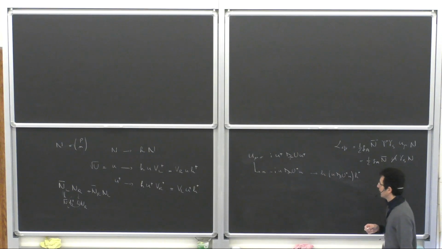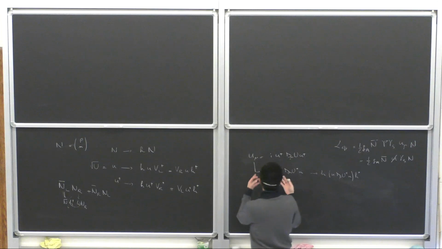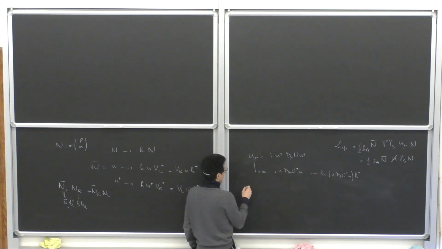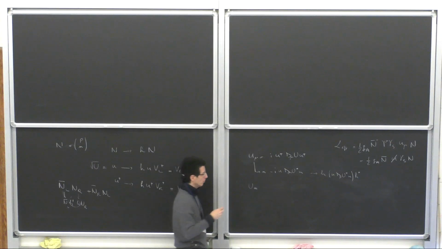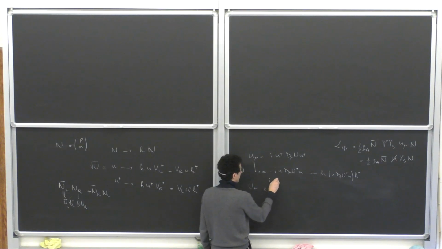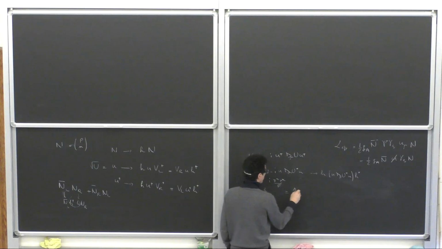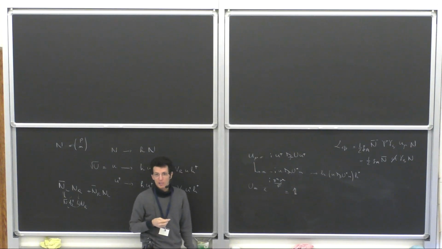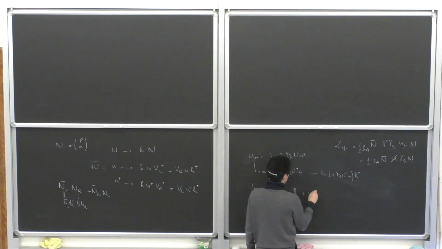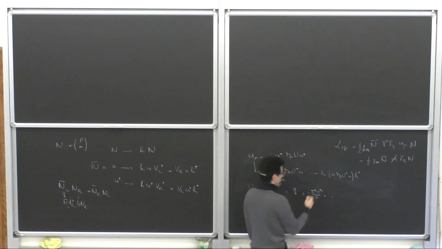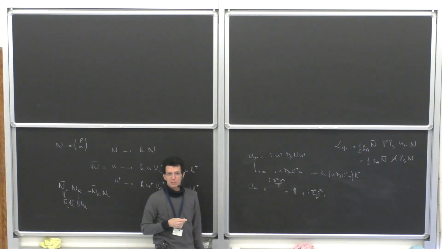Okay. So where are the pions here? The pions are in these matrices. U, for instance, was e to the i pi^a tau^a over f. You remember? How do you understand the exponential of a matrix? As its Taylor expansion: i pi^a tau^a over f plus terms with two powers of the pion field and so on.